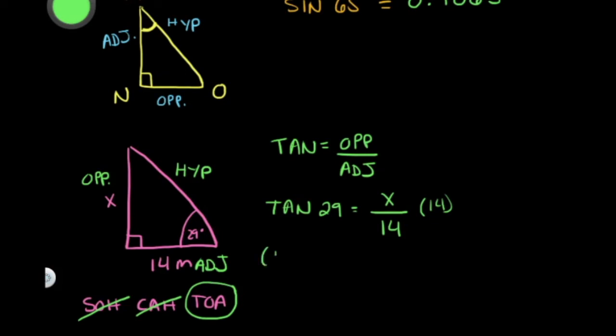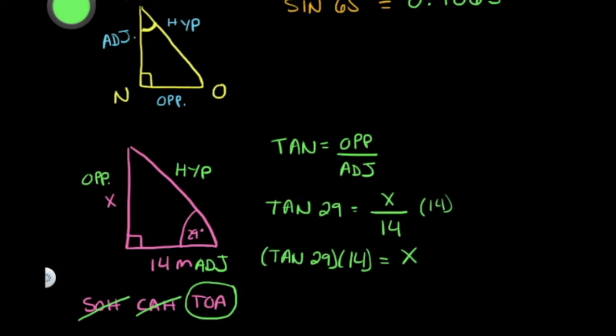So I have now tan 29 times 14 equals x, right? Those two 14s on the other side canceled out, so I was just left with x. So now I can figure this out.